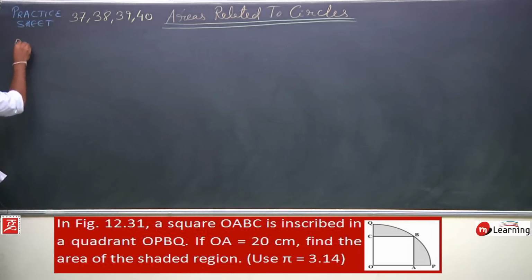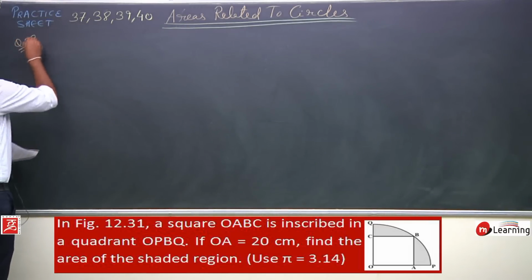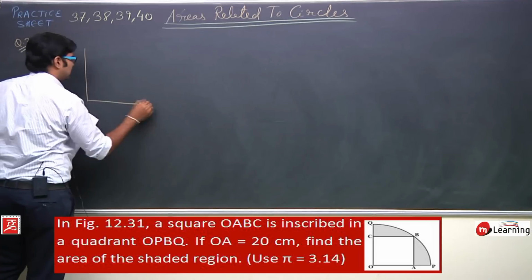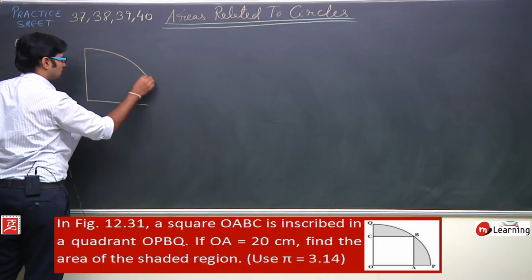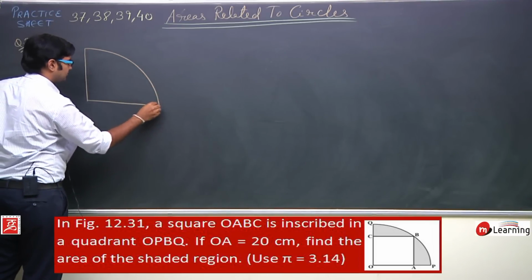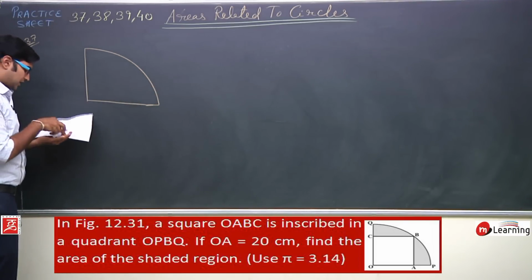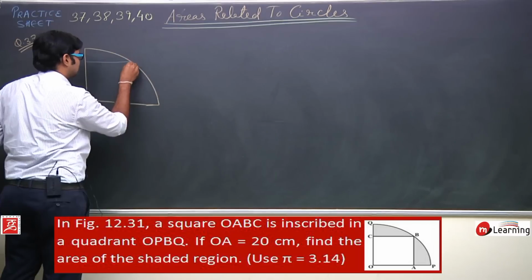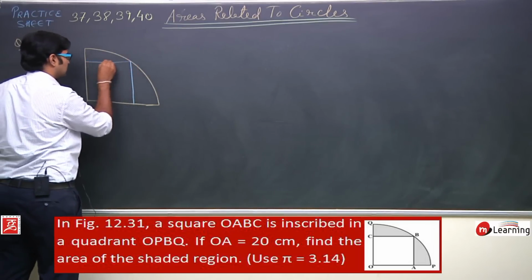So question number 37. Let us first draw the quadrant. This is a quadrant, and in this quadrant we have a square inscribed. So the square is something like this.